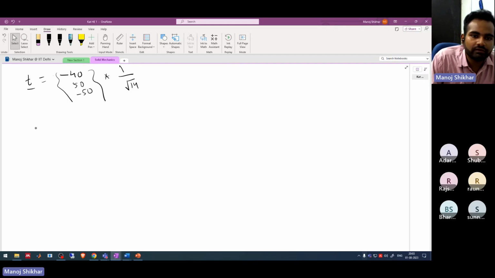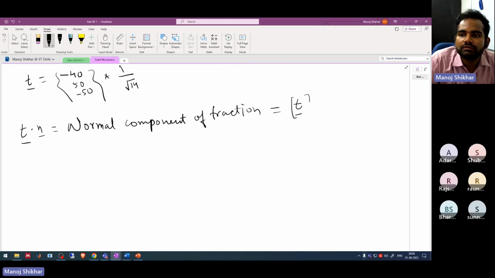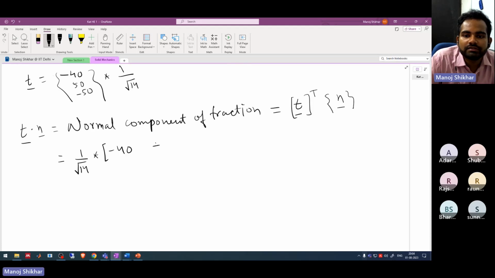So normal component of traction will be what? T dot n. This is T transpose into n. So 1 by root 14 into minus 40, 50, minus 50, into 1, 2, 3, 1 by root 14.